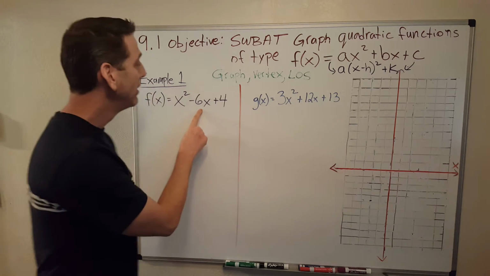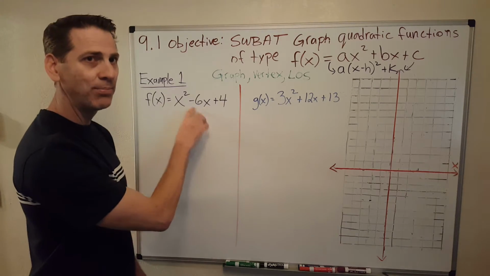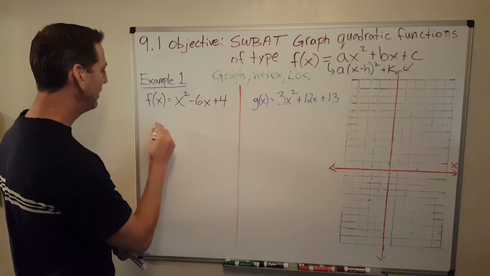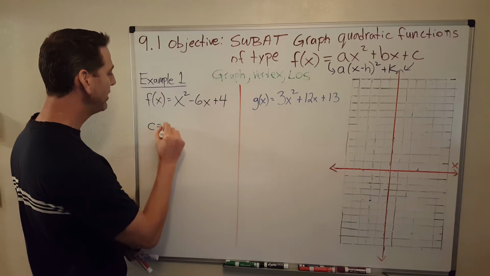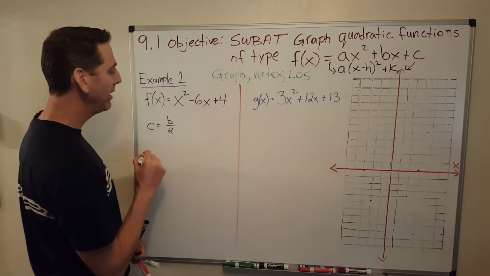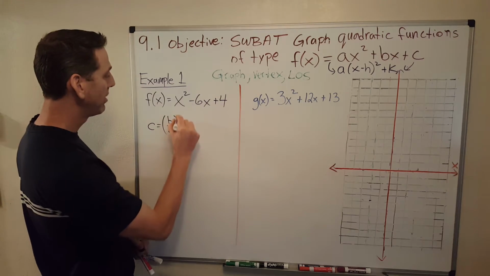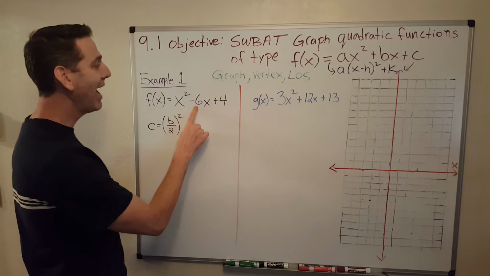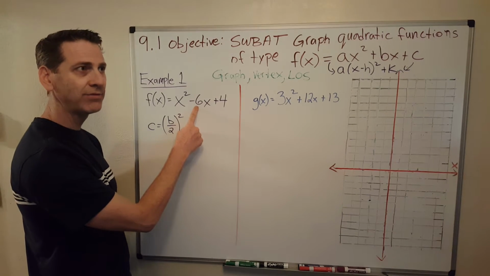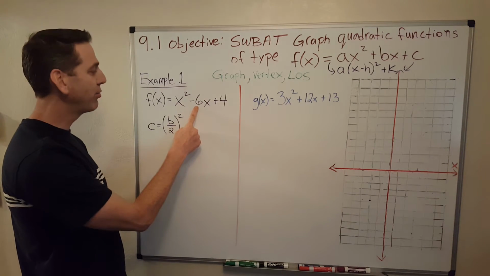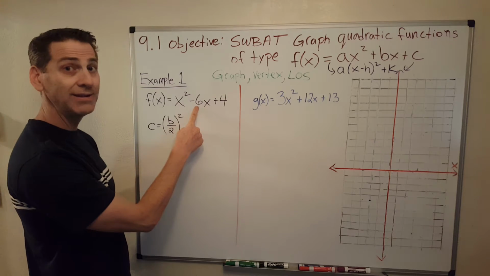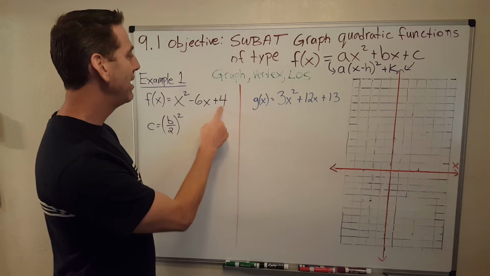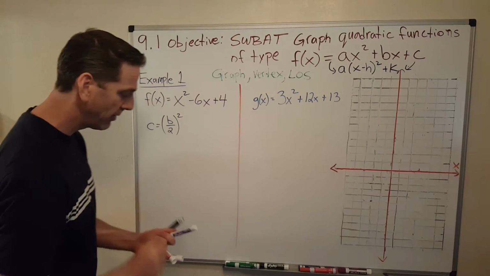That's how I find the perfect square trinomial. To get the proper c, we divide b in half and square it. Half of 6 is 3, and 3 squared is 9. So this really needs to be a 9, but we're going to get there later.